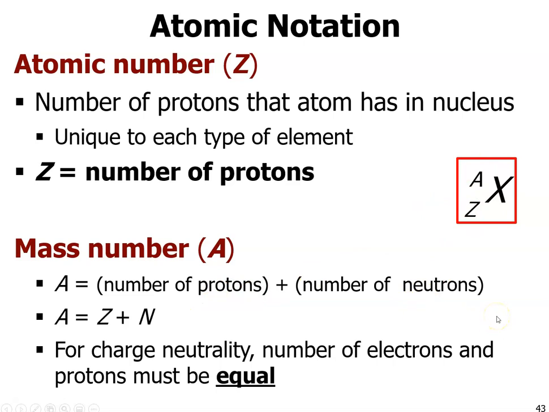Something else to think about: if it's a neutral element, the number of protons is going to equal the number of electrons. Now, if we have changes in the number of electrons, that'll be reported out here. If it's a negative value, we've added electrons. If it's a positive value up here, we lost electrons.